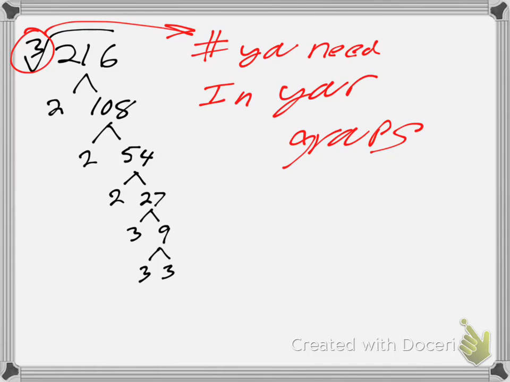You don't look for pairs. This time we're looking for groups of 3. We don't need 2 anymore. So if it was 5, you would need 5 in a group. So we don't need 2 in a group right now. We need 3 in a group. Other than that, it stays the same. Go through, look for your groups of 3.